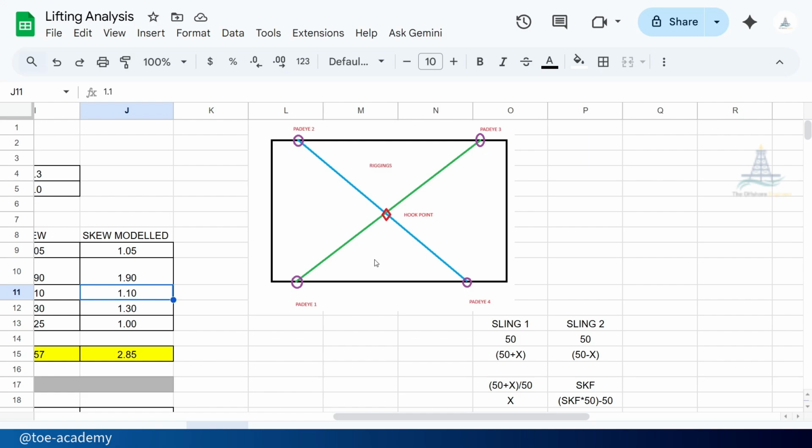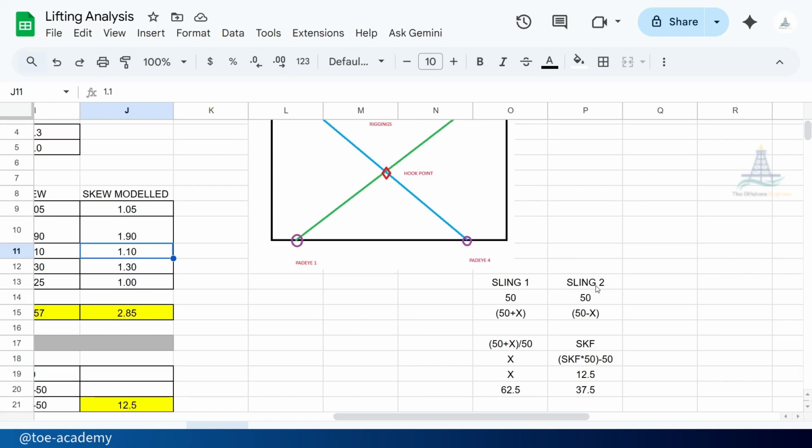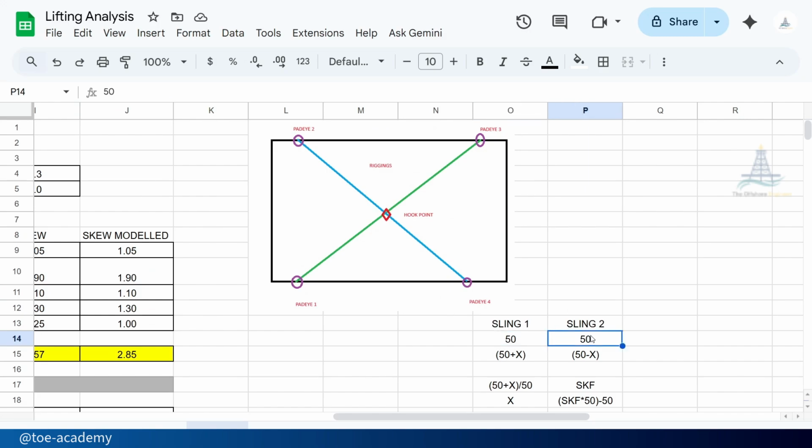So in the ideal case, these two slings should take equal load. That means, let's say, sling 1 and sling 2 should take 50%, 50% each. But what happens is, due to some fabrication tolerance, there can be a slight increase in one of the slings and a slight reduction in the other.